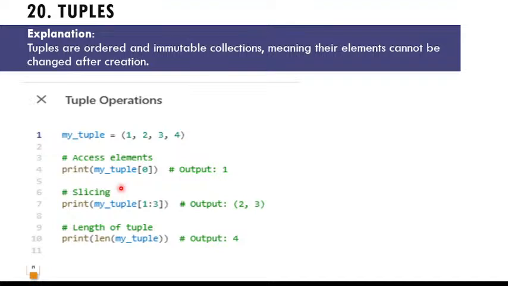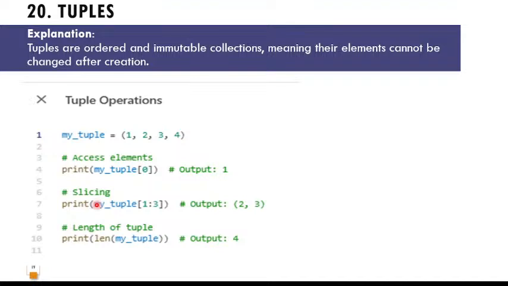Tuples are written in this type of brackets, and this cannot be changed. There is 1, 2, 3, 4, 5. We cannot change it, we can just access it. To access this, write print my tuple 0. 0 is 1, which, as I told you, starts from there.